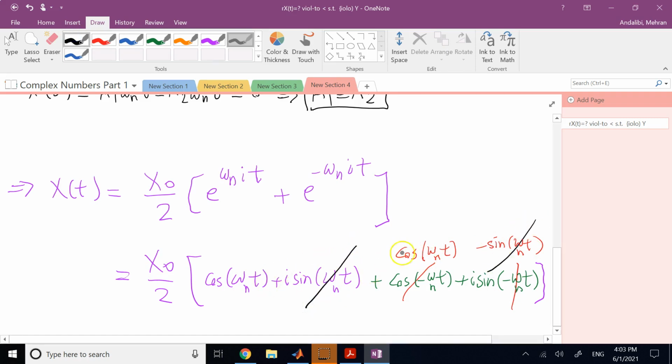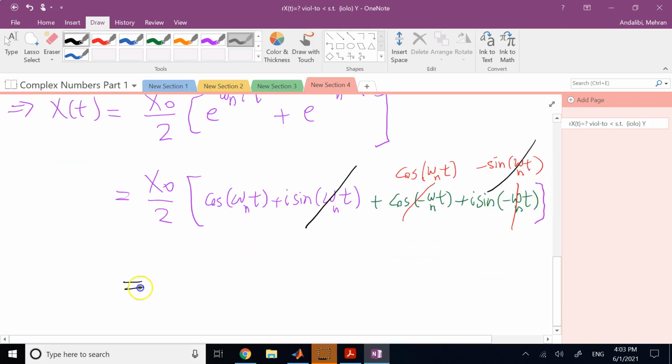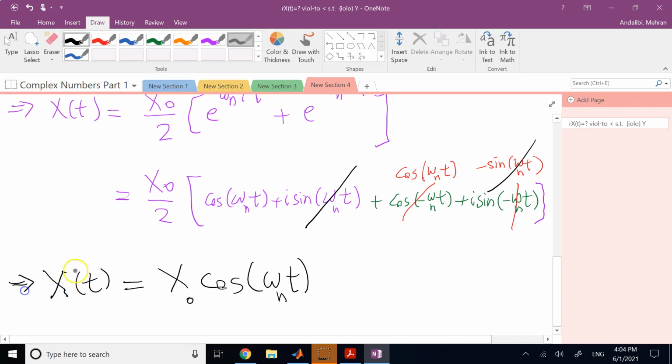The cosines will be added to 2 cosine. That 2 with this 2 will simplify. You will get x naught times cosine of omega nt.